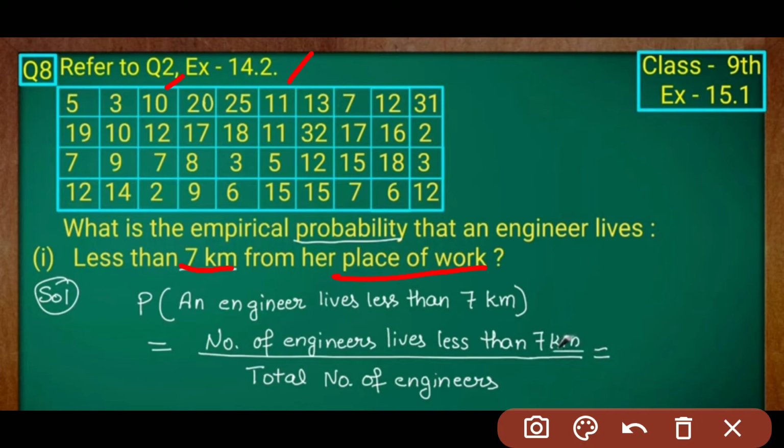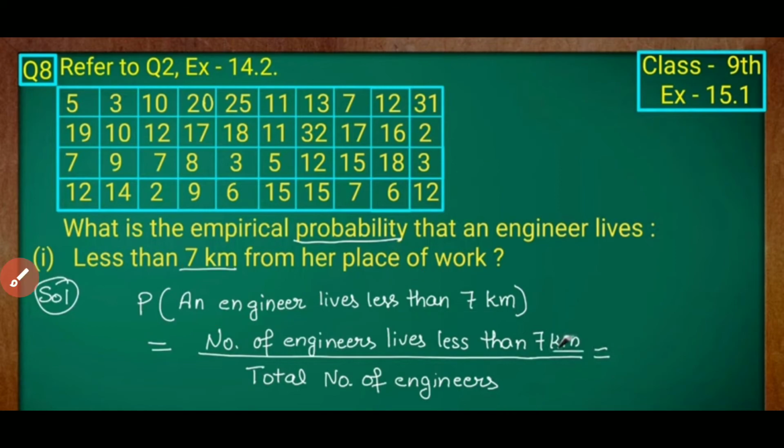3, 3, 6, 3, 9 and 1, 10. 10 into 4, that is 40, equals the total number of engineers. And we have different data for kilometers. Very first condition, less than 7 kilometers from the place of work where the residence is. The probability of an engineer who lives less than 7 kilometers equals that number divided by the total number of engineers.